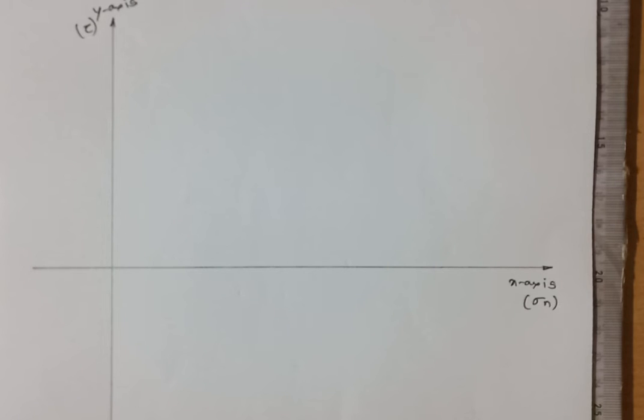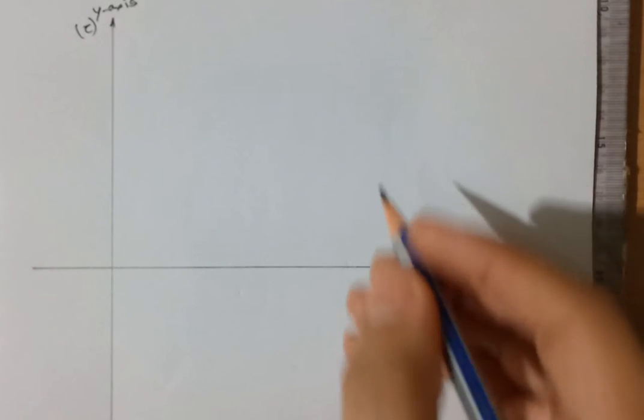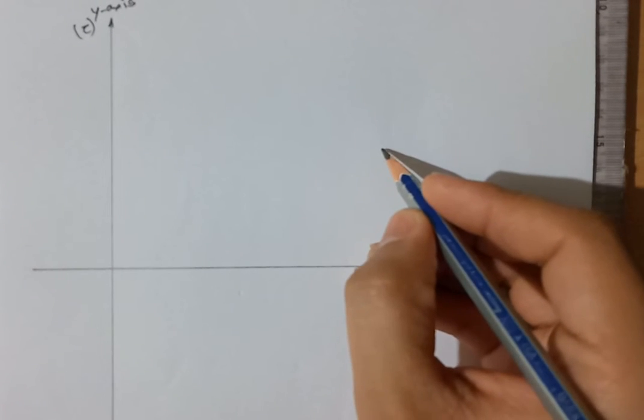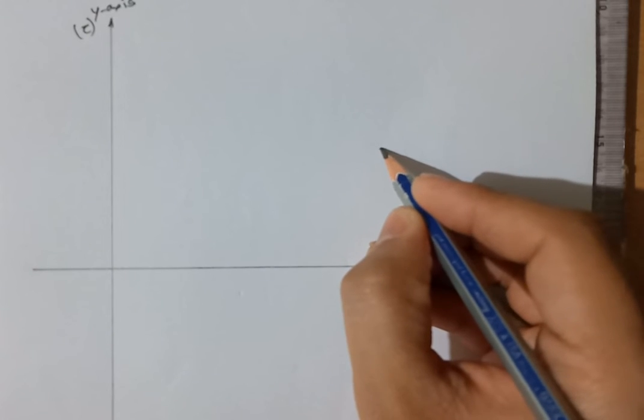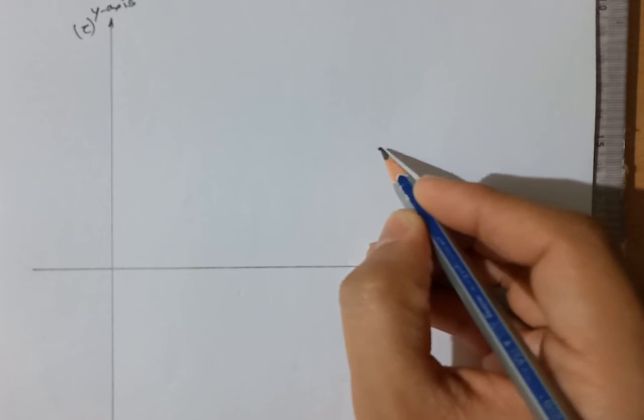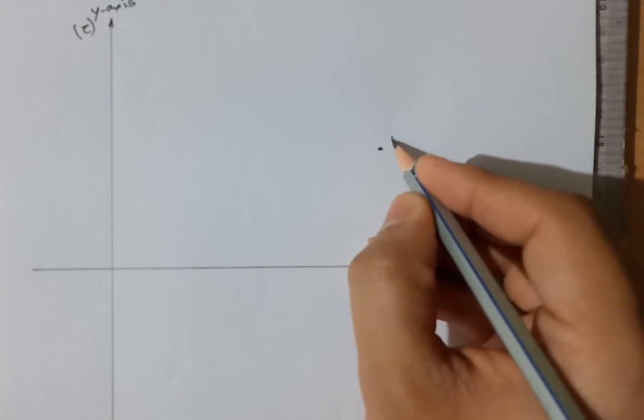So I'll take up a point and plot plane A. Let me say that I am going to plot it here at certain distance. Okay, so this is plane A.